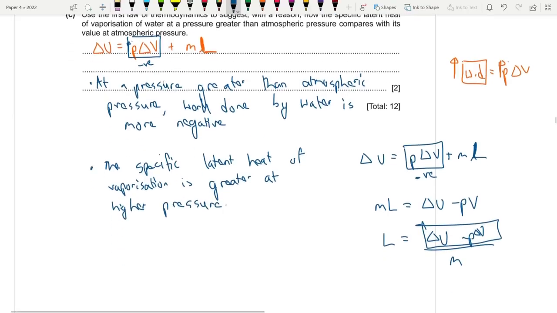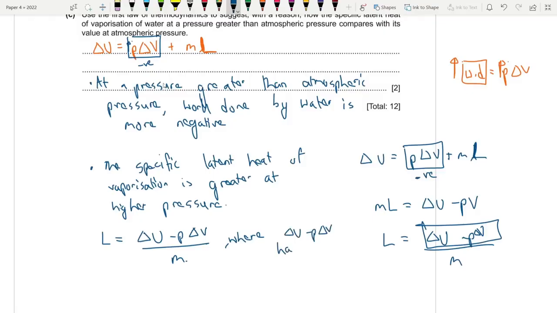Then you can just show this equation. You can show that L is equal to del U minus P del V divided by m, where del U minus P del V has a higher positive value. Okay, you can state that.